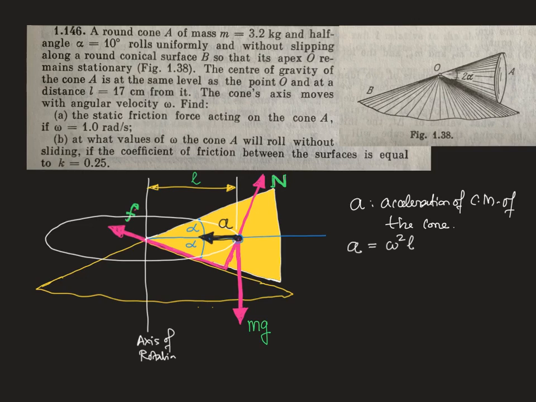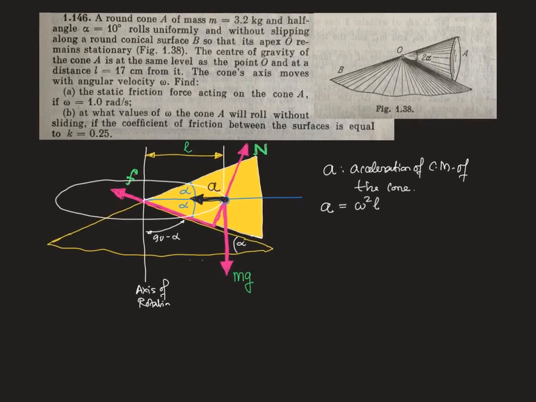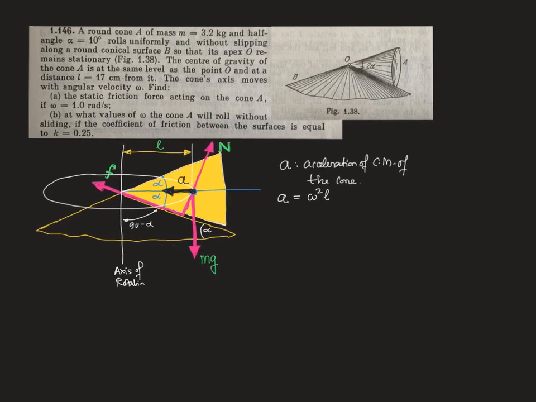As this is the semi-angle of the cone, this angle is also alpha, because this angle is 90 degree minus alpha. So the normal force will have components. Let's split it up into components.